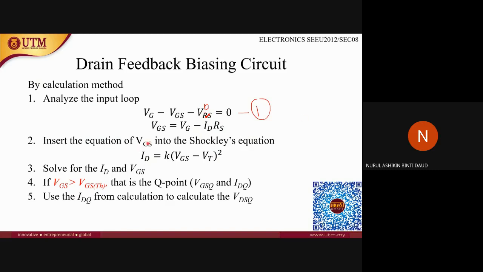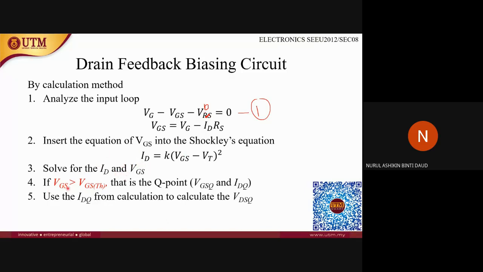Then insert the equation of VGS into Shockley's equation, which we learned yesterday, and then you can solve for ID and VGS.